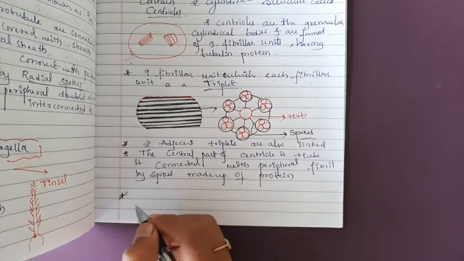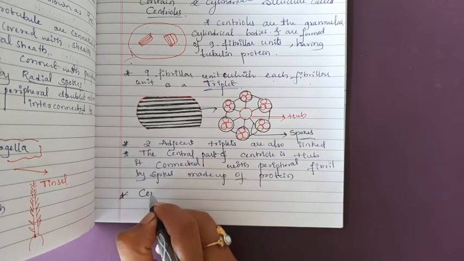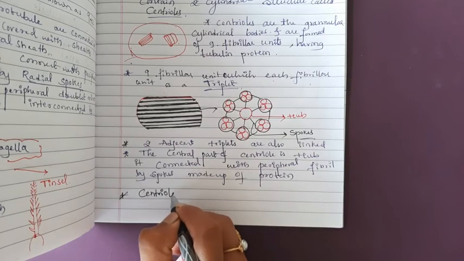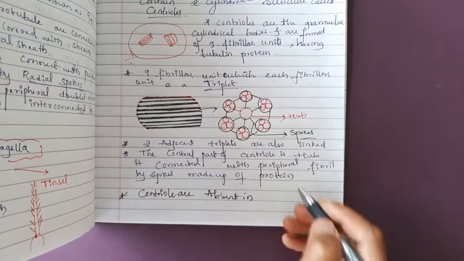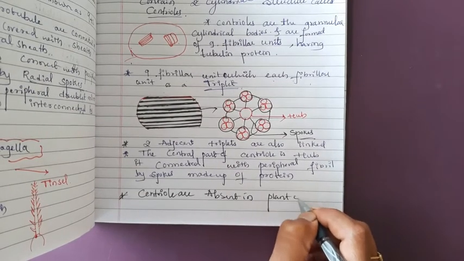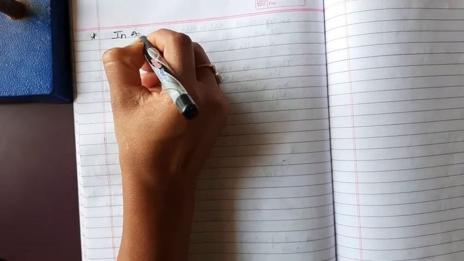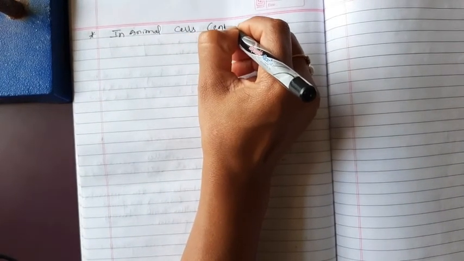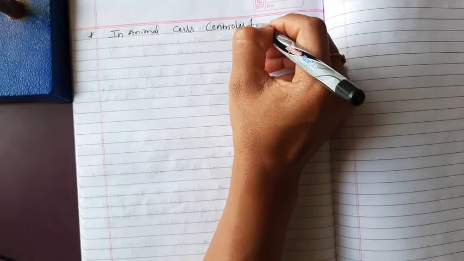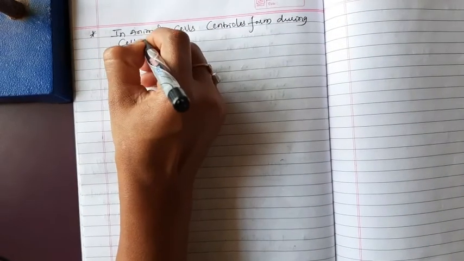Okay, I forgot one thing. Centrioles are absent in plant cells. Then in animal cells, centrioles form during cell division.